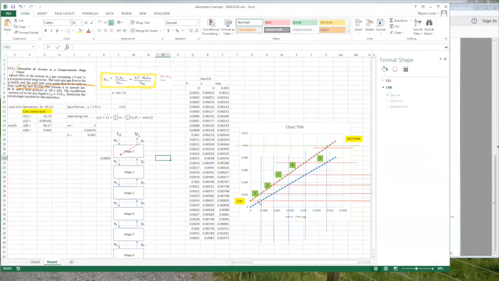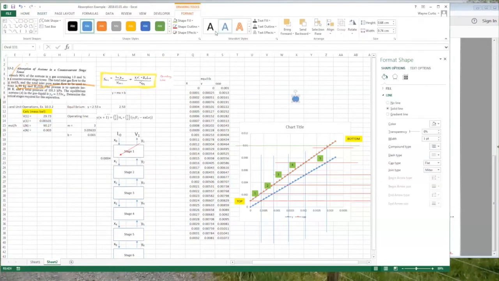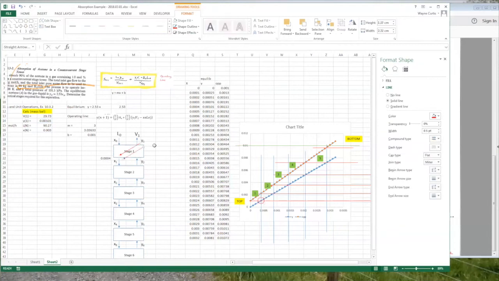I just calculated this point right here. If I take a circle and not fill it with anything, this point corresponds to this one right here, so I'll make a connection from there to here.